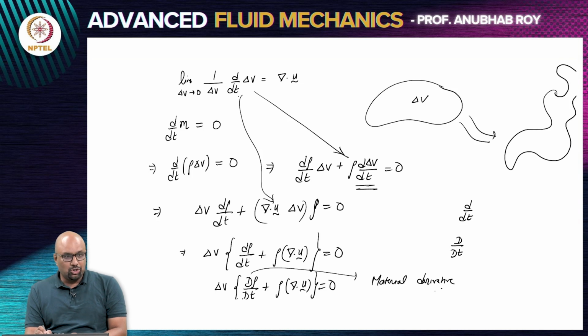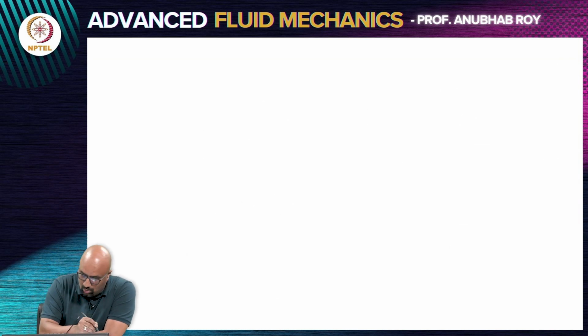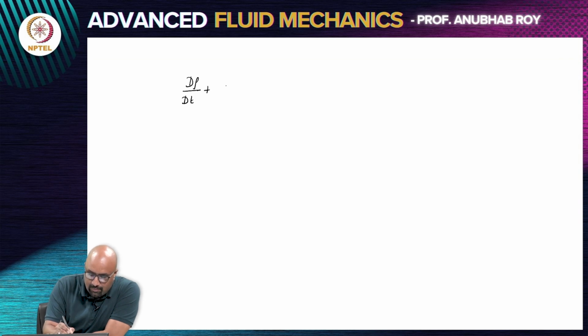Now this should be true irrespective of the choice of that volume element. This relation that I have here should be arbitrary with respect to whatever volume element that I have considered. So if that is to be true, then I arrive at a relation which is d rho dt plus rho divergence of u is equal to 0.